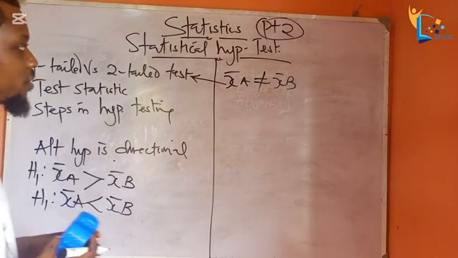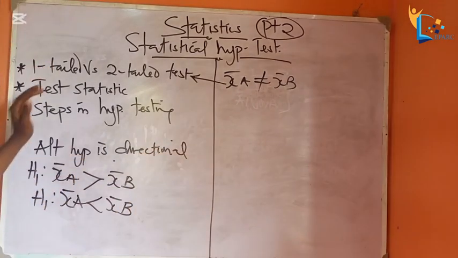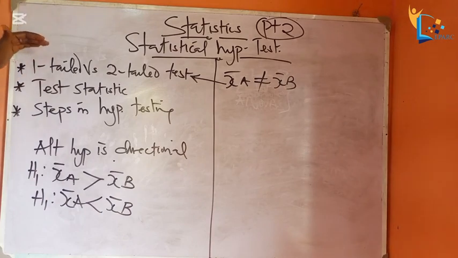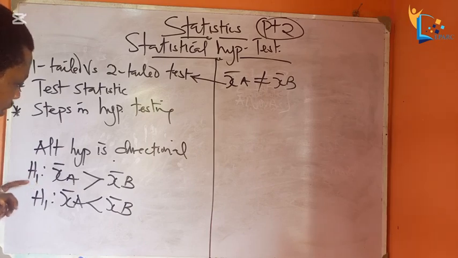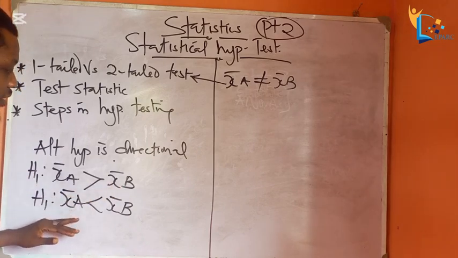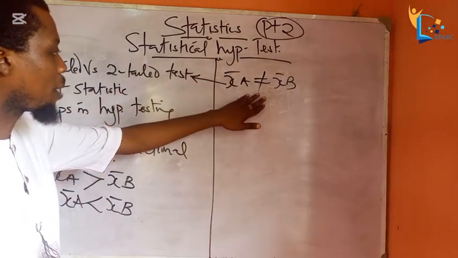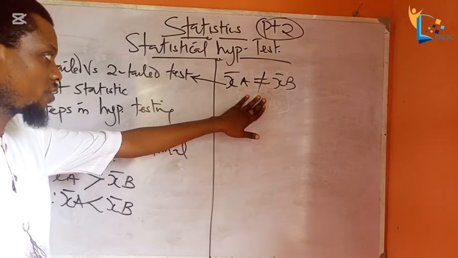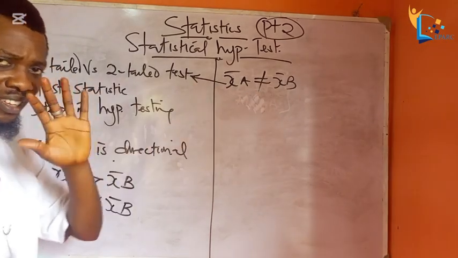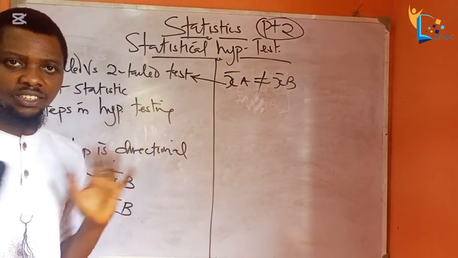Let me come again. A test is one tail if the alternate hypothesis is directional, but it's a two-tail test if the alternate hypothesis is non-directional. Are we together? That's the difference between a one-tail and a two-tail test.